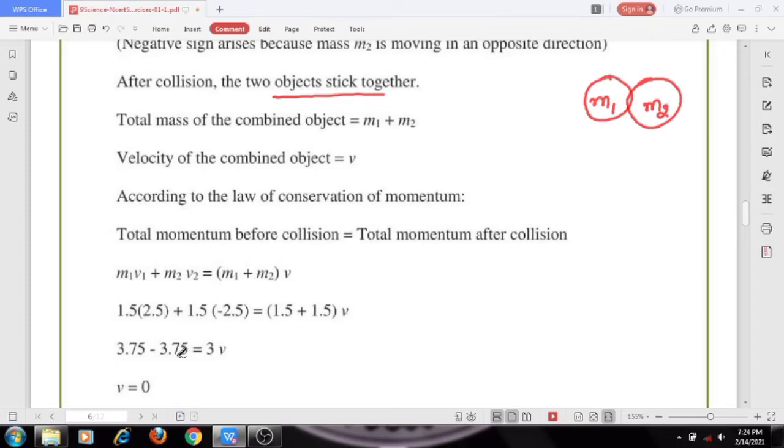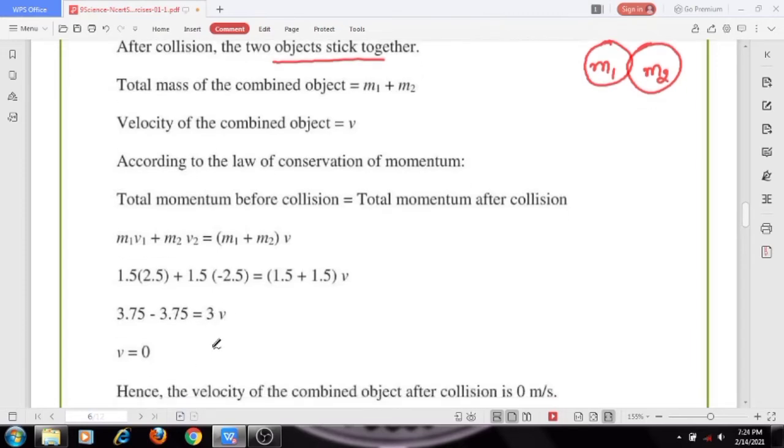On simplification, we get 3.75 minus 3.75, which is equal to 3 into v. Then 3.75 minus 3.75 is equal to 0, equal to 3 into v. Then 0 divided by 3, what does it give? Just v is equal to 0, right?